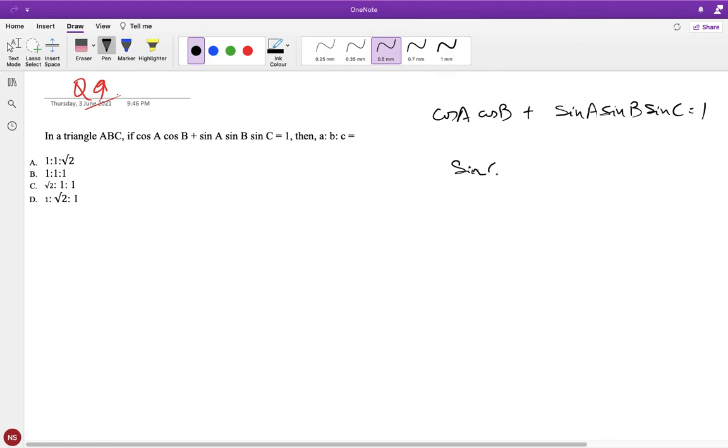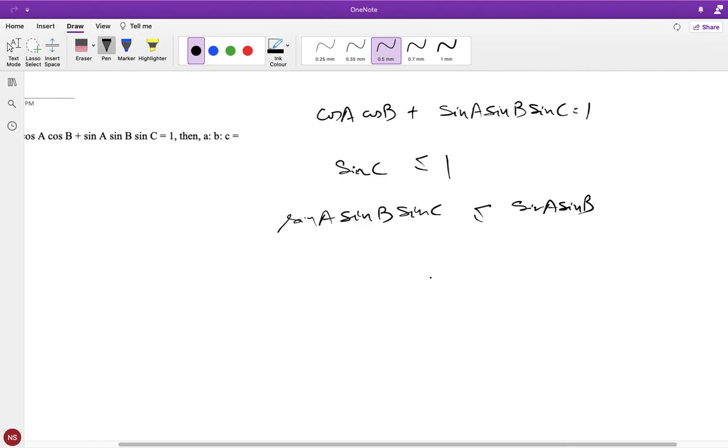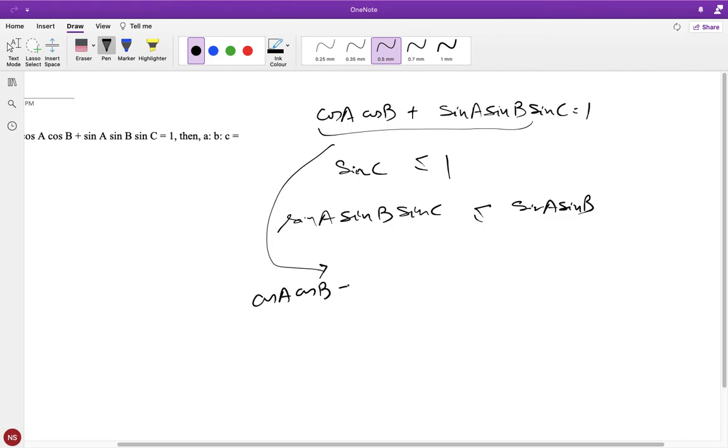Since we know that sin C is less than or equal to 1, this whole thing, sin A sin B sin C, will be less than or equal to sin A sin B. So cos A cos B plus sin A sin B sin C will be less than or equal to cos A cos B plus sin A sin B.